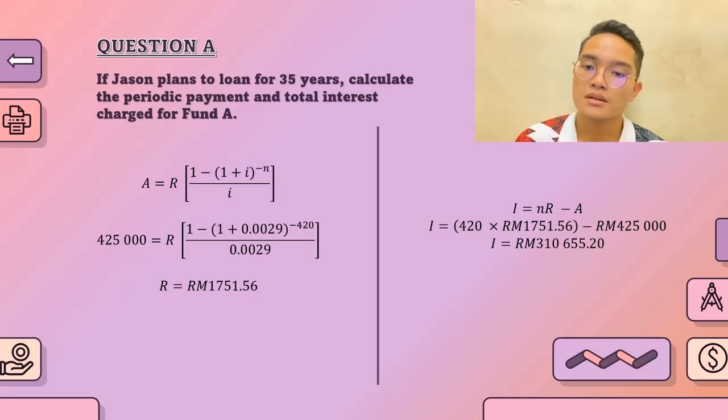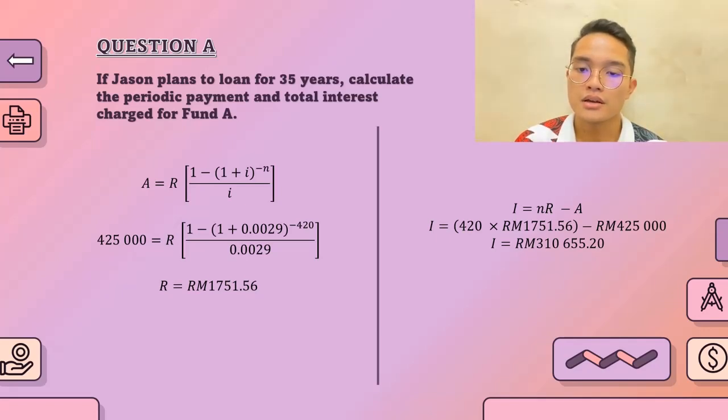But there is something that we haven't finished yet, which is that we have to find the total interest charge for Fund A. For total interest, we will use the formula I equal to NR minus A. So this is how we do it.